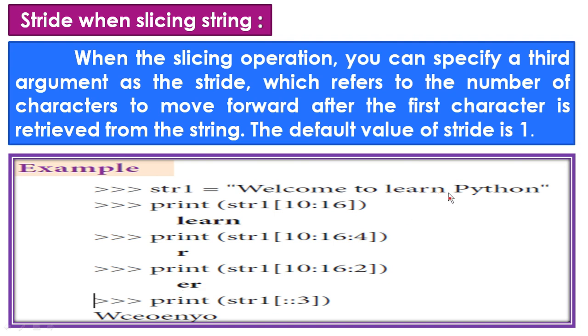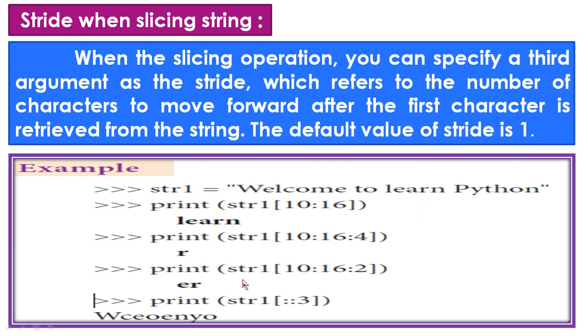From this, 2 exceeds the value of 15. So we get the result e and r. The 2 means this is the first character from the range 10 to 16, this is the second character e that is printed, and from that e, the second character r is printed. So the characters with a gap of 2 are printed here, e and r, from the index range 10 to 16.